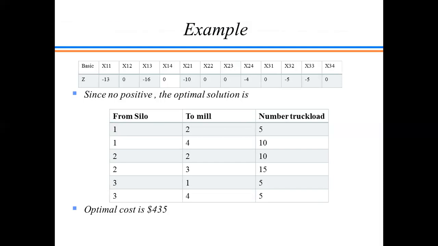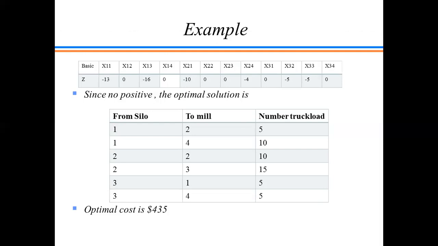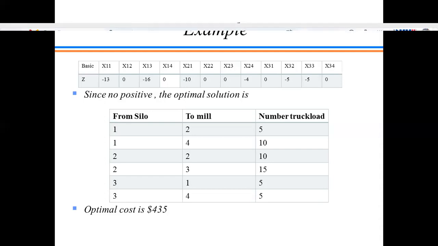After that, from the transportation table, you can start with determining the initial solution. You can use the northwest corner, least cost, or Vogel approximation method. And after you found the initial solution, then you continue to determine the optimal solution.